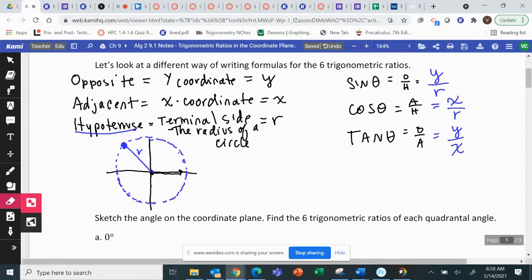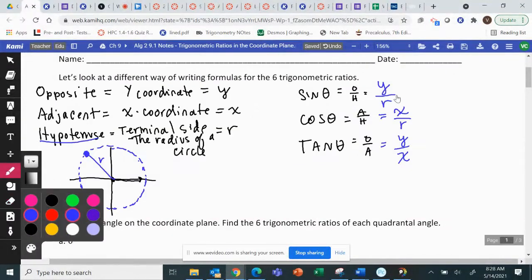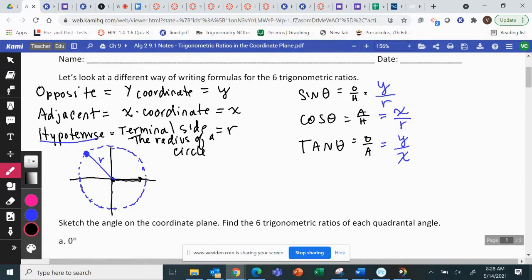Okay. And then we have from there our 6 reciprocal ones. Who remembers sine? What's a reciprocal sine? Cosecant. Remember, we have to have just one co. So CSC, cosecant.